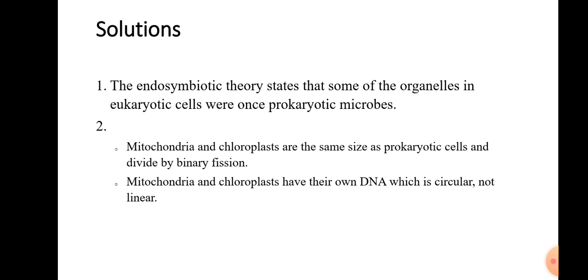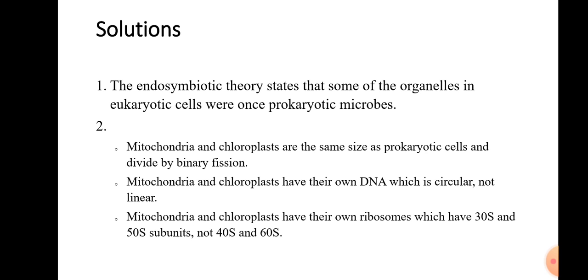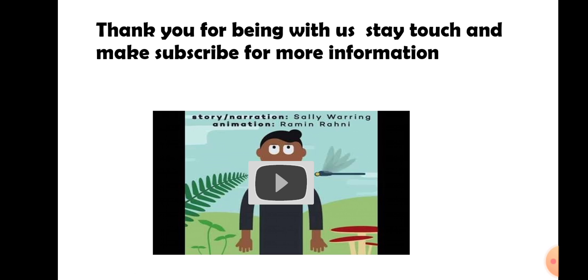Number two: mitochondria and chloroplasts have their own DNA, which is circular, not linear. Number three: mitochondria and chloroplasts have their own ribosomes, which have 30S and 50S subunits, not 40S and 60S subunits.